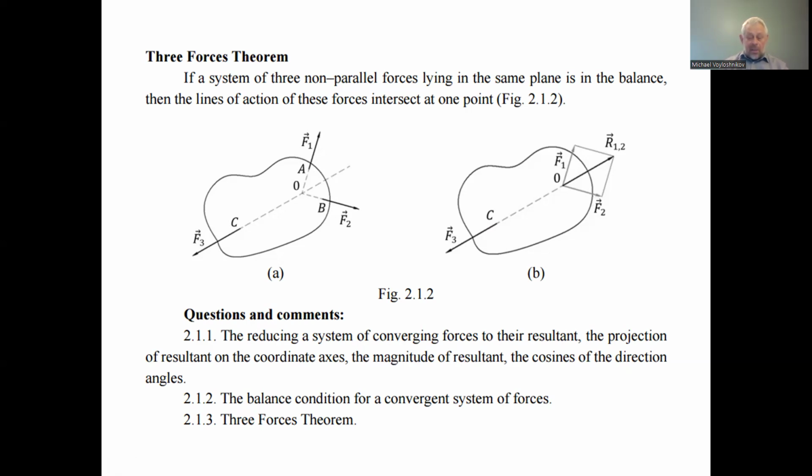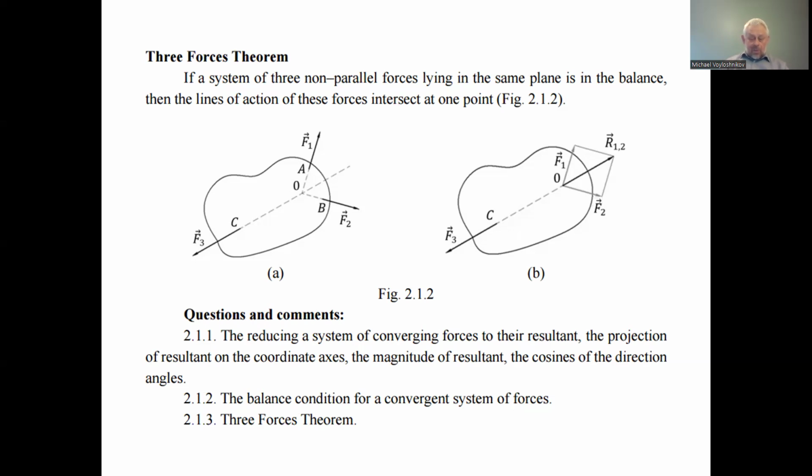Next, we can consider this resultant as a new force, and using the parallelogram rule, we can find the resultant of the third force with the resultant of the previous two. And we can do this consecutively until the last force in the system of convergent forces. It's one of the ways to reduce the system of convergent forces to a resultant.